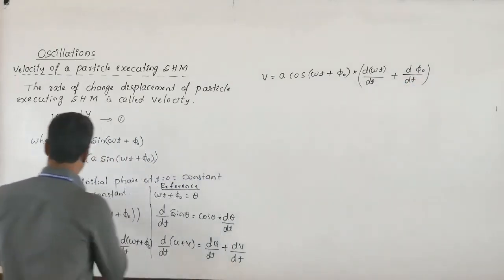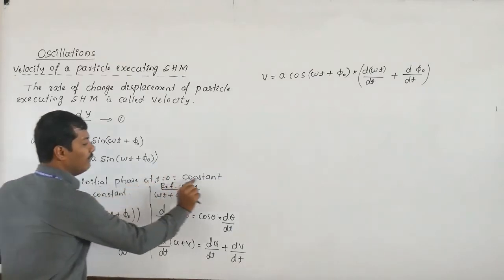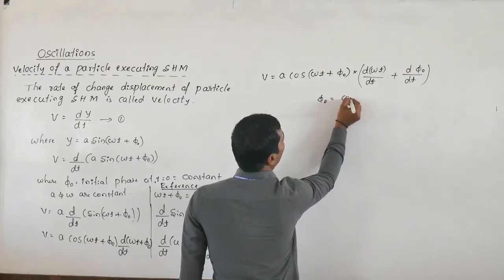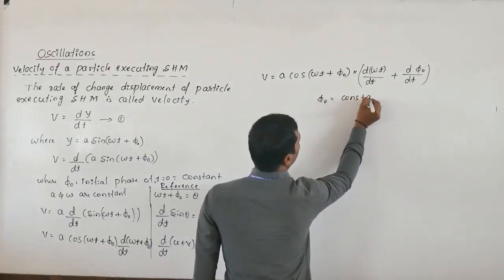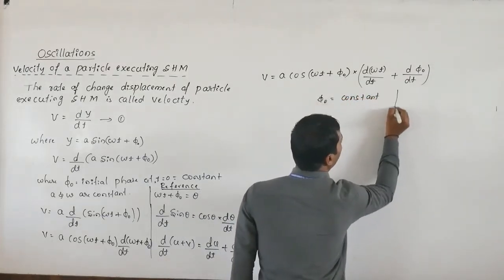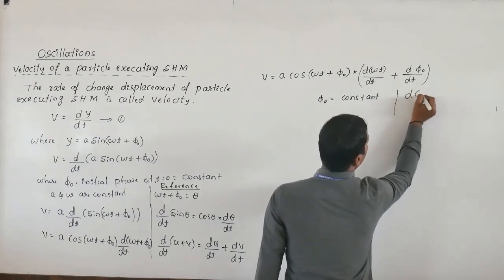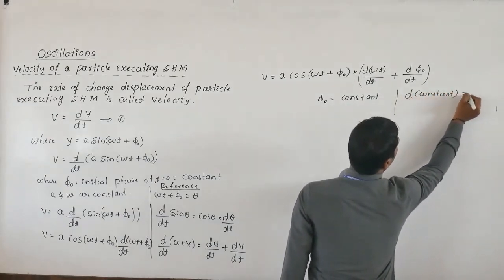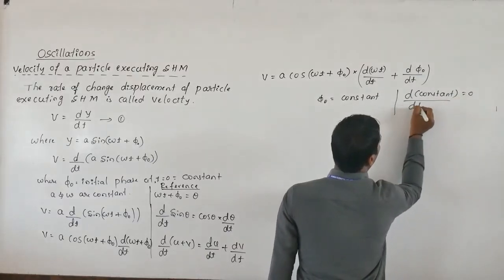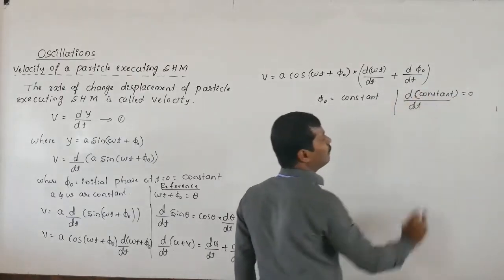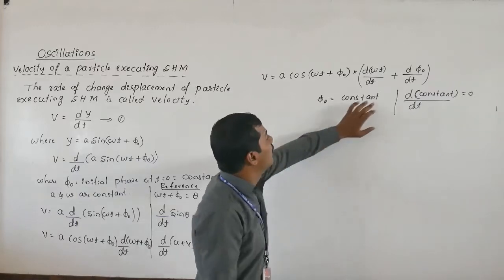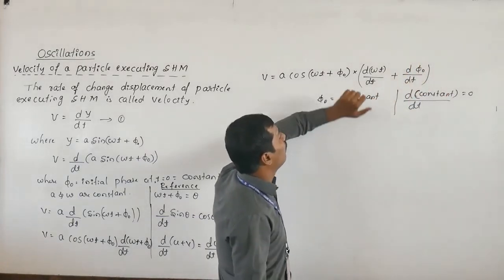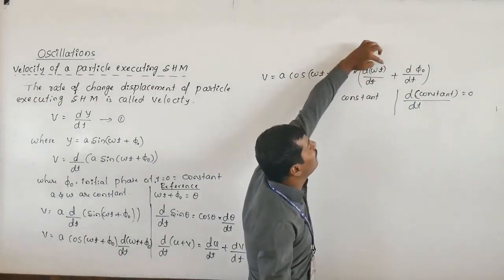Phi naught is the initial phase, which is constant. So the differentiation of a constant is 0. Differentiation of constant is what? 0. So this term becomes 0 here, and we have to write the t term here only.